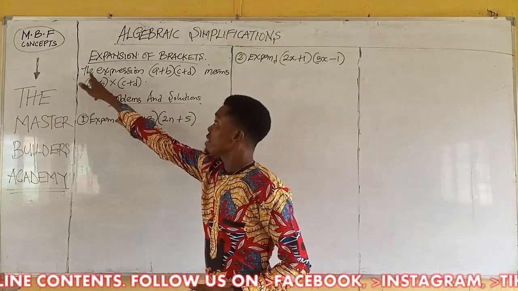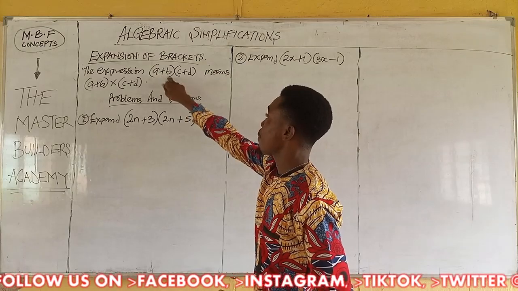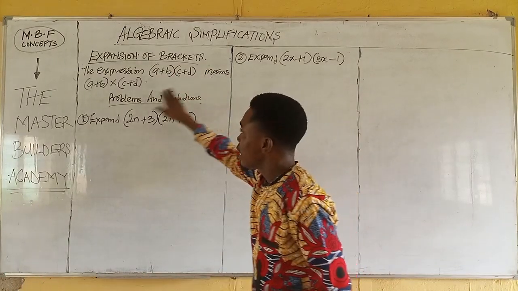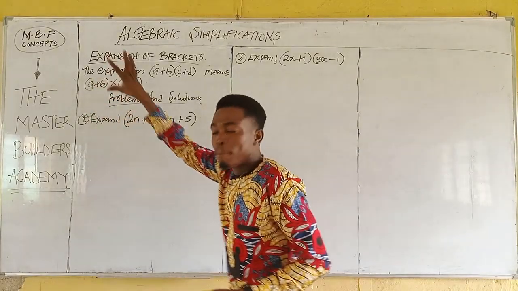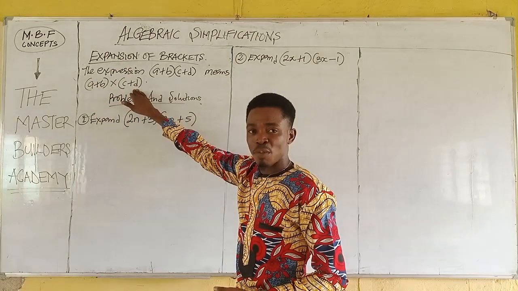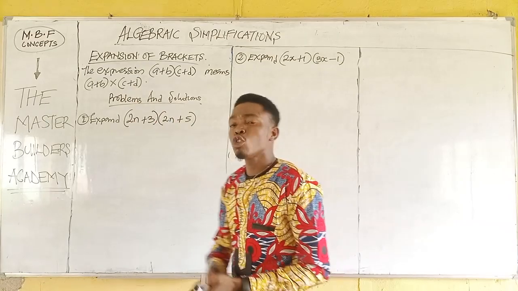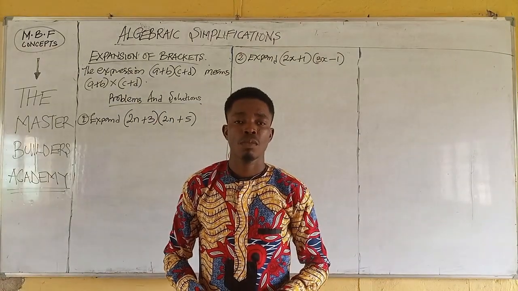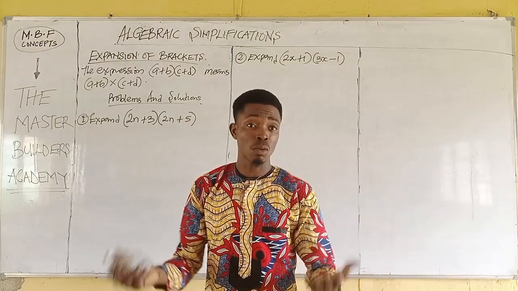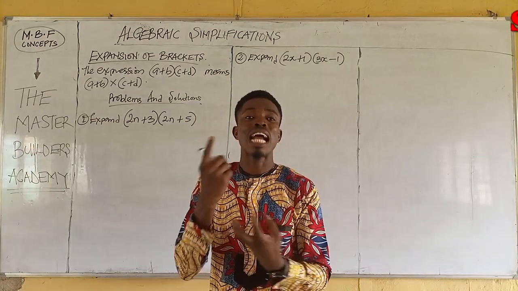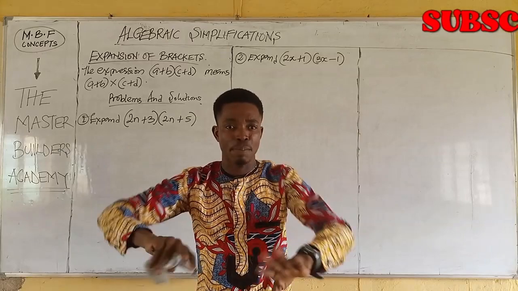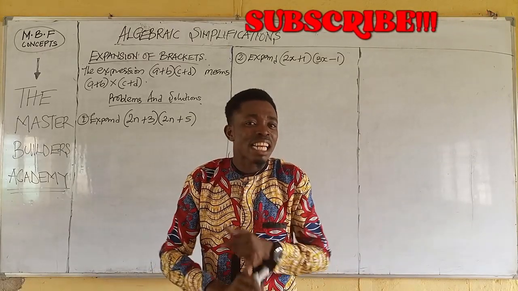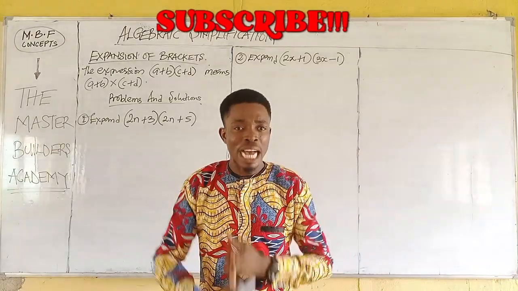Now, we have the expression (a + b)(c + b), which means the first bracket multiplied by the second bracket. So when two brackets directly multiply each other, what is the outcome? This is exactly what we are doing now. So we are still removing the brackets, but in this case, two brackets are directly multiplying each other.